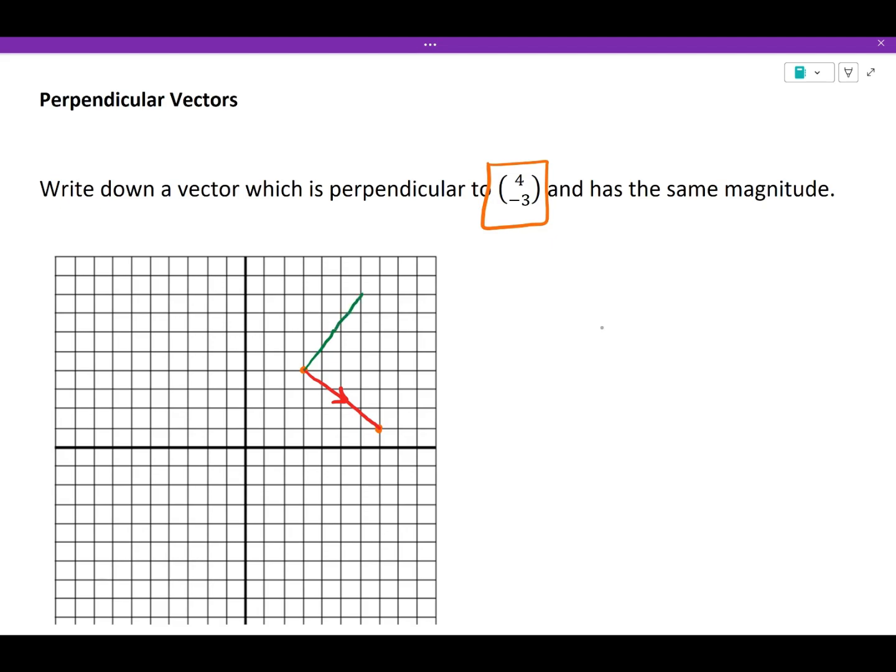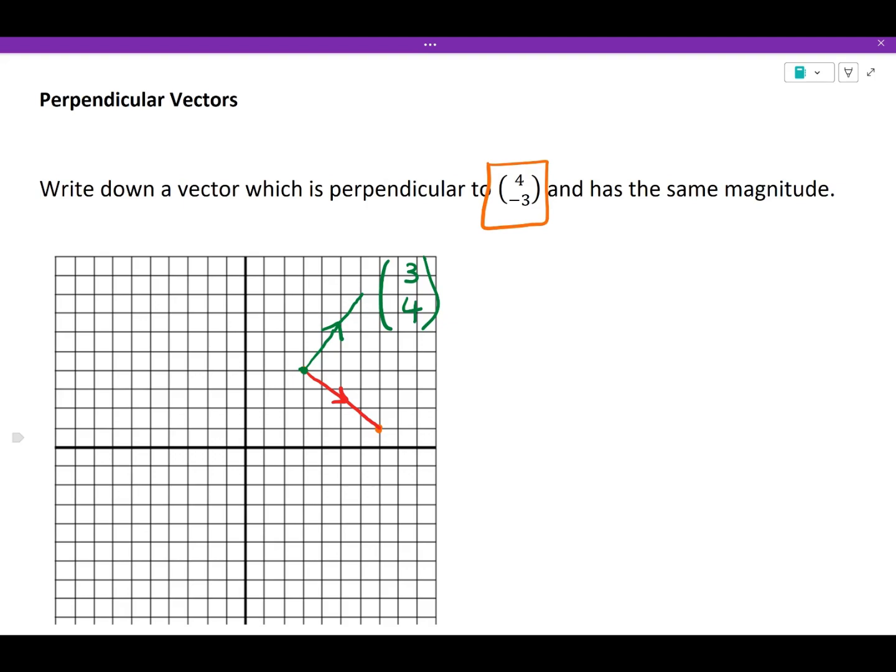That vector there, going in this direction, is perpendicular to my initial vector. So let's write out what this green vector is. Well, we're starting over here, so we're going 3 to the right, and then we're going 4 upwards. So this would be (3, 4). That would be a vector which is perpendicular to that red one.